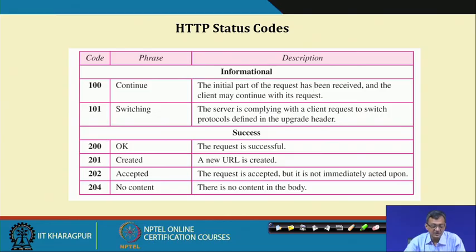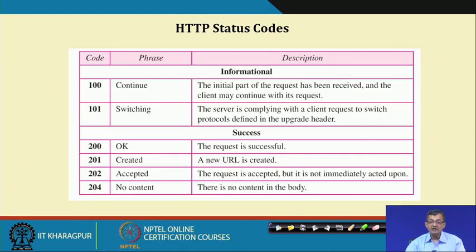Similarly, if you look at the status codes, 100 is a continue type of code: the initial part of the request has been received, and the client may continue with the request. 101 is switching: the server is complying with the client request to switch protocols defined in the upgrade header.